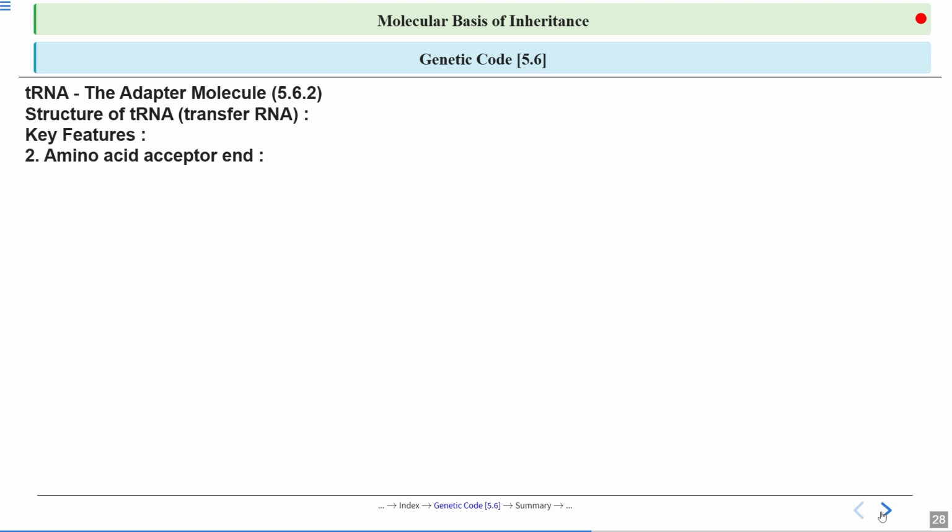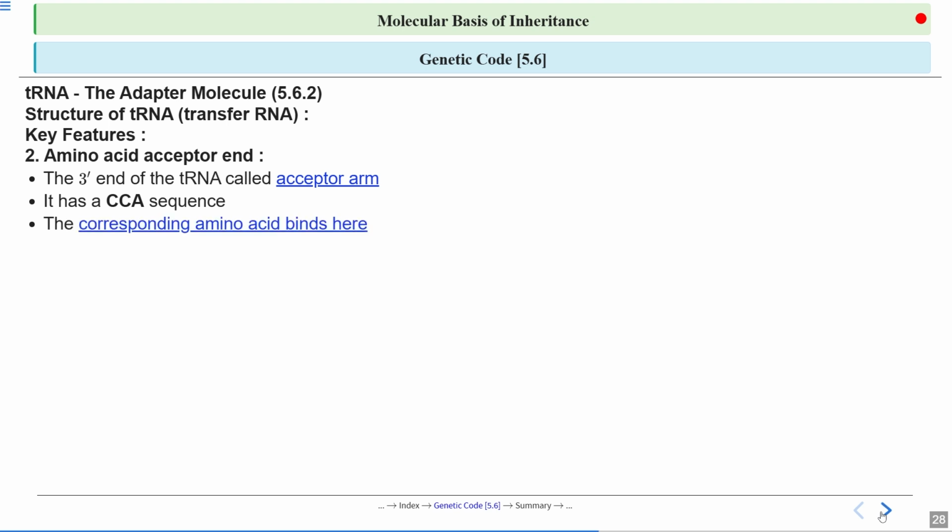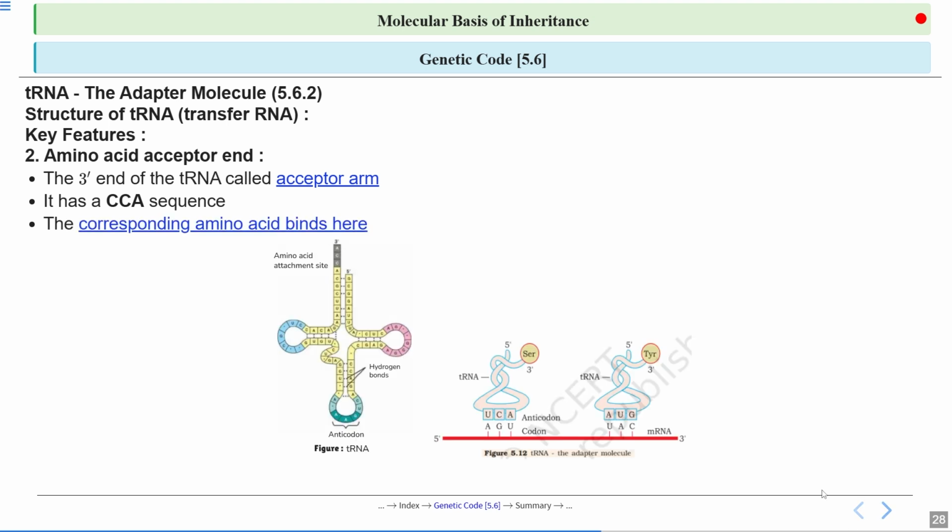Then the amino acid receptor end, the 3' end of the tRNA, called the acceptor arm, has the CCA sequence. The corresponding amino acid binds here. So here we studied that it has an anticodon loop, with bases complementary to the bases present on the codon.